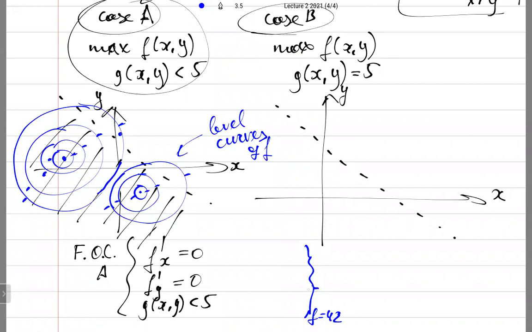On the side with the tick, f is less than 42, and on the side without the tick, f is greater than 42. Using level curves, we can see where f grows. Okay, so f is growing. I have two hills, one hill and another hill around.